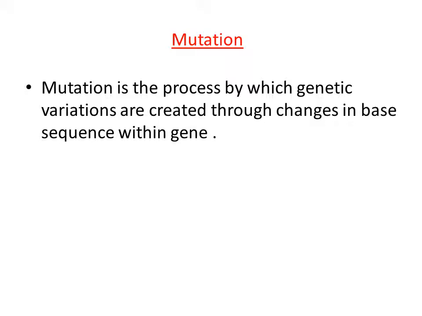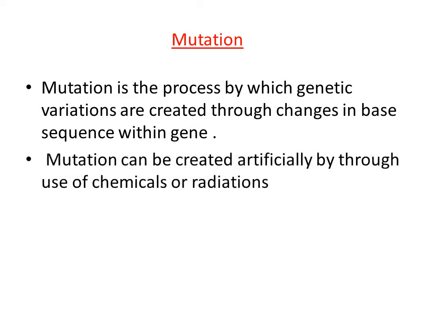How is it possible? Is it possible by any physical processes? The genetic makeover can be made by two different things. One is by using radiations, and another one is by using some chemicals.